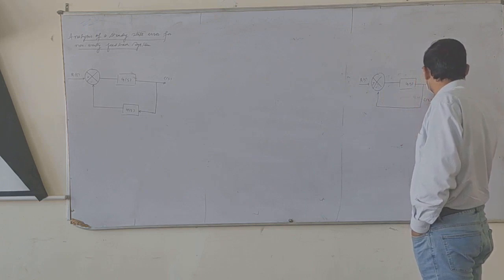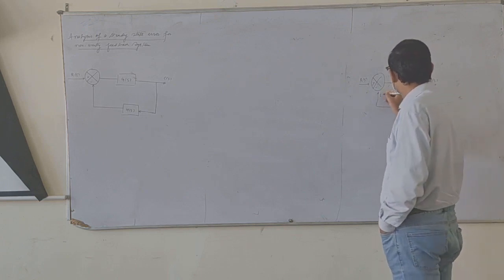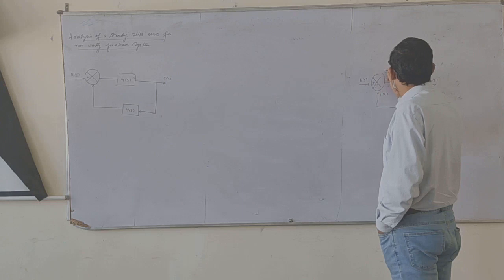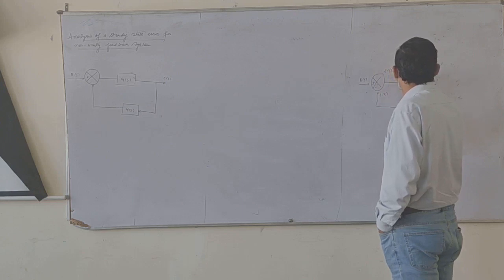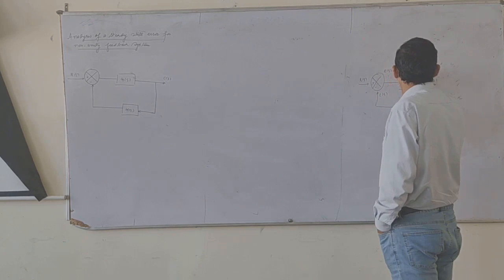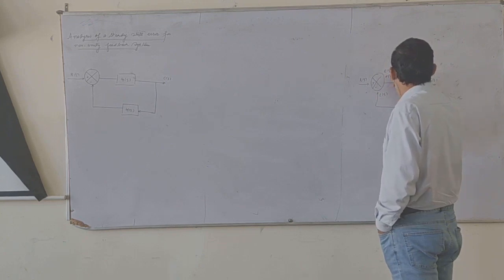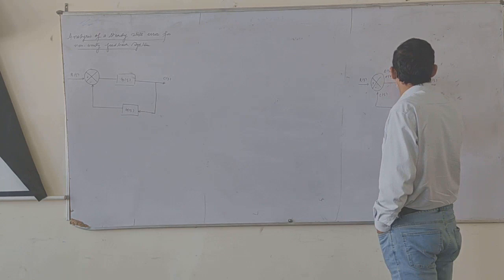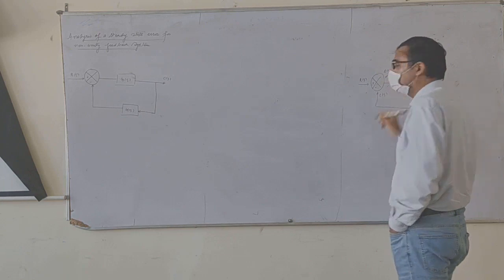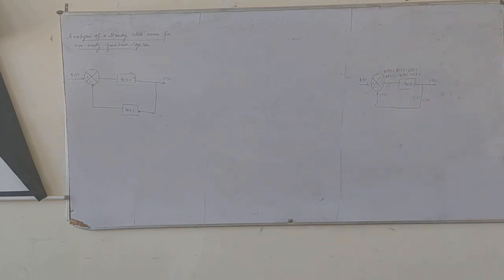This output is the same here, so we get it here, and then the error is input minus output, and in time domain it is r(t) minus c(t).